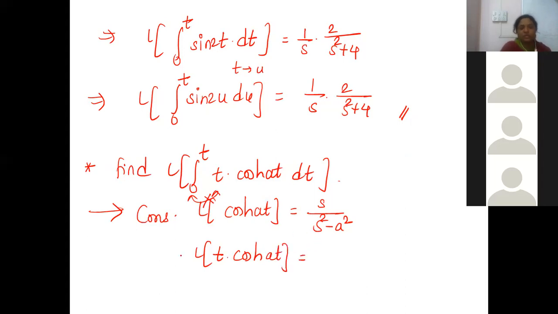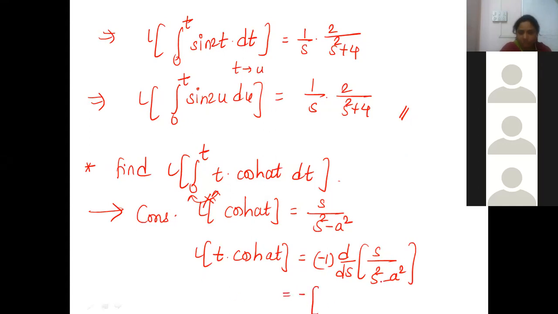Multiplication by t gives, on the other hand side, minus 1 into d by ds of this, s upon s square minus a square. To take the derivative of this, there are two functions, numerator and denominator, so that is the u by v rule. What is that?